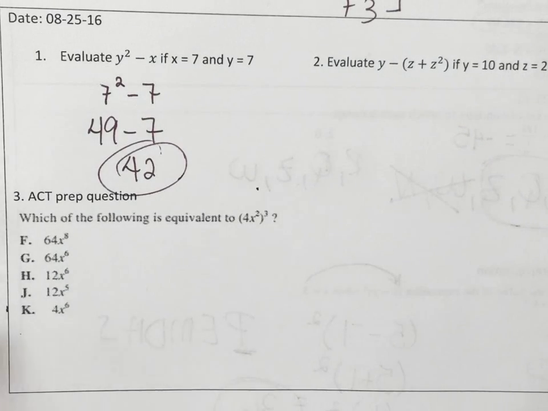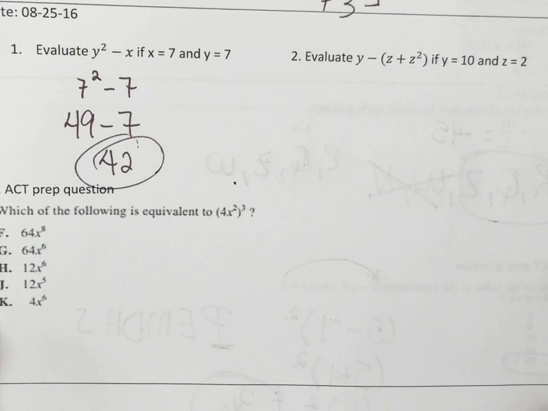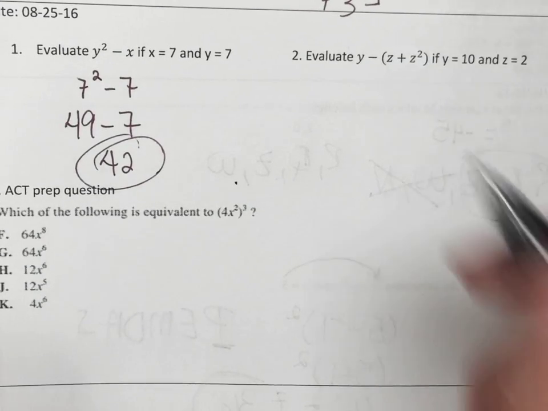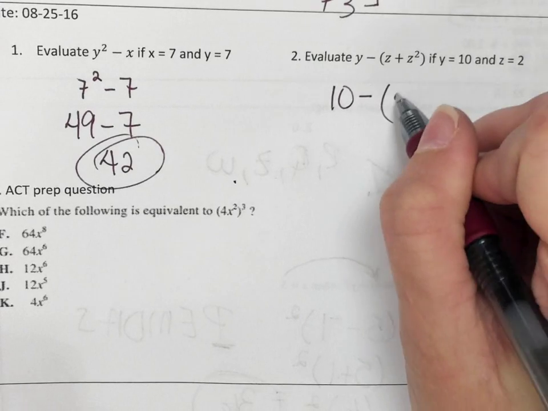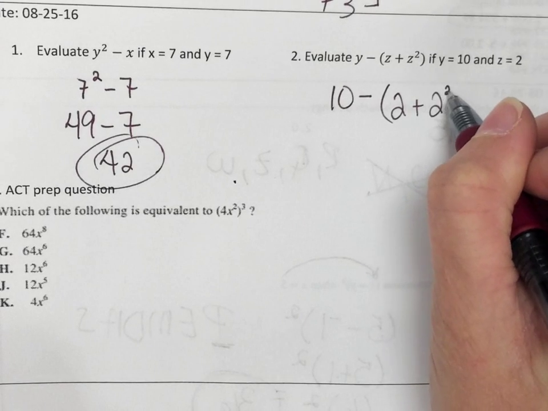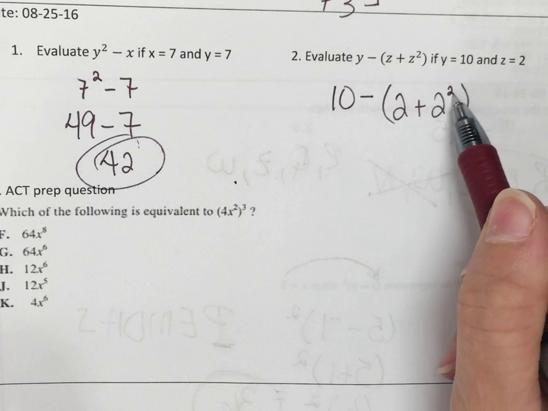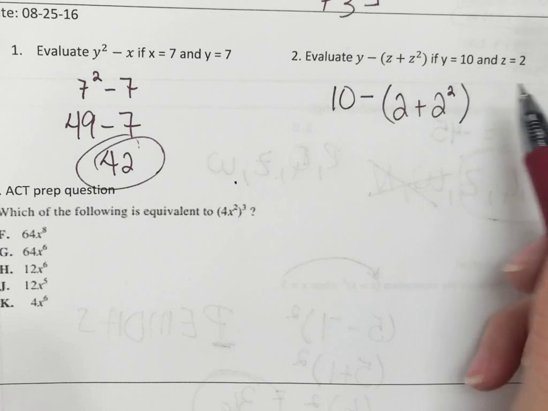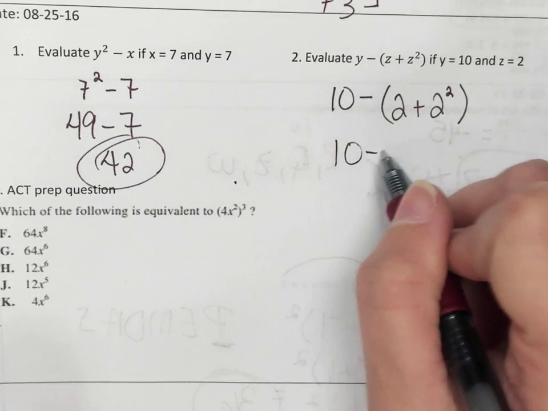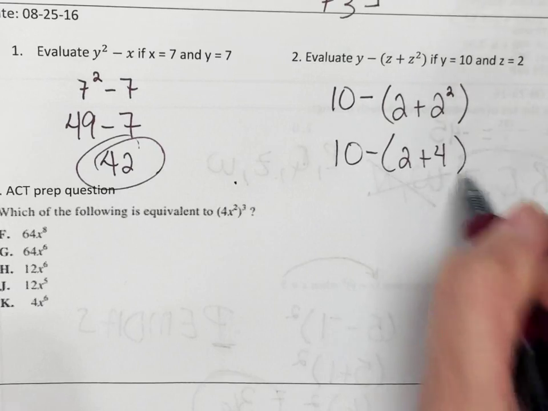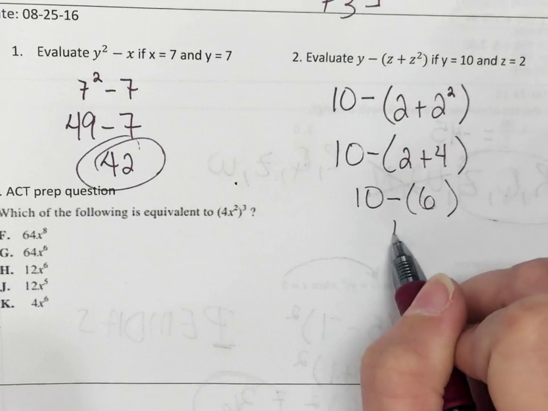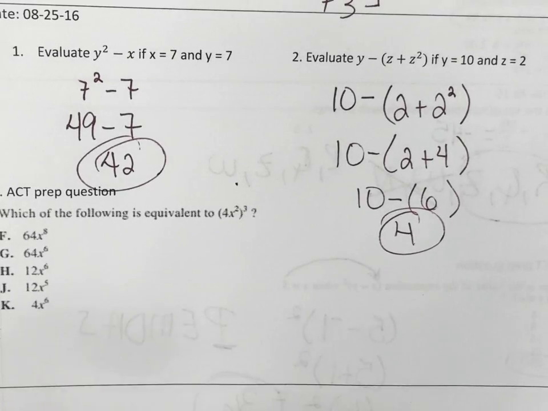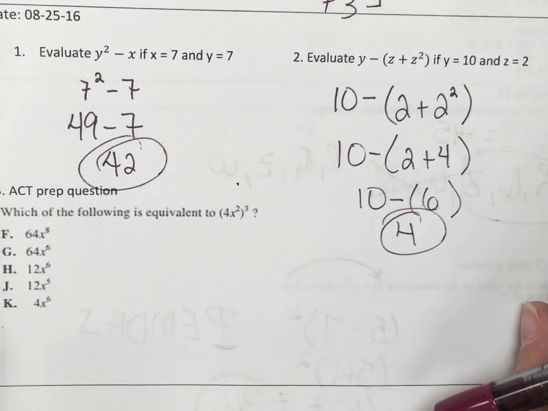Alright, what about number 2? Salma, what would you do first on number 2? And notice how that square is inside, not on the outside. So we're going to do 2 squared is 4, and 4 plus 2 is 6, and 4 minus 6, 10 minus 6 is 4.